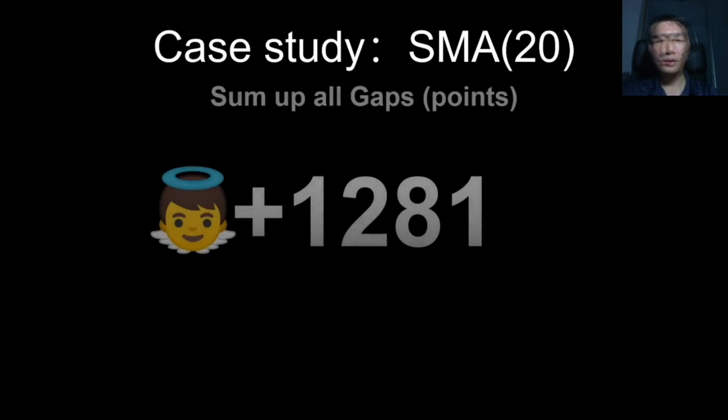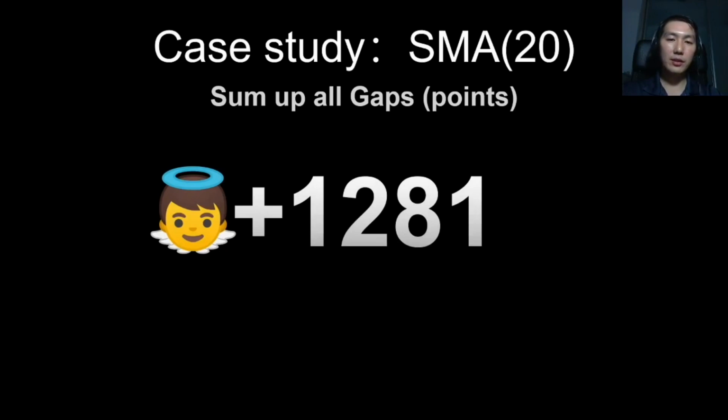Get it? Here we see that in a net total, whether it is a profit or a loss, over the recent past 10 years using the trend following strategy of SMA 20 as a whole, we are actually making 1,281 points of profit in the FCPO market just by gaps. Pretty impressive, isn't it?